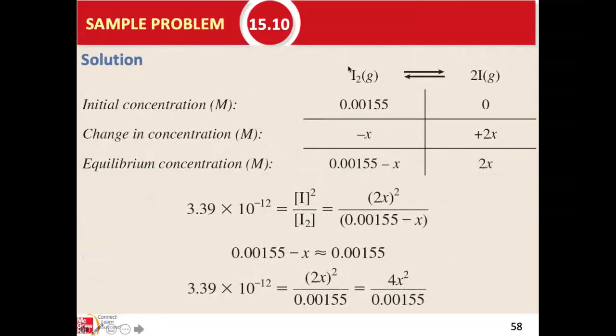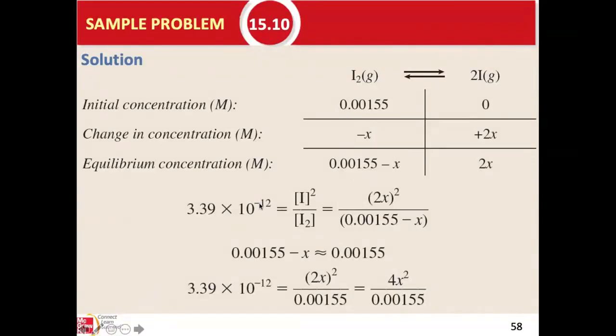So we will put the equation. This is the reaction. Then we'll write down the ICE table, initial concentration of molecular iodine. Atomic iodine is 0. This has to be consumed, minus. This has to be formed, plus. If this is x, this should be 2x. And we find the equilibrium concentration by combining them.